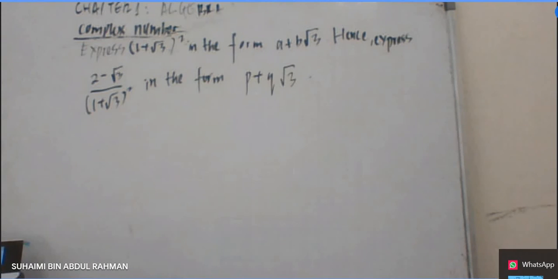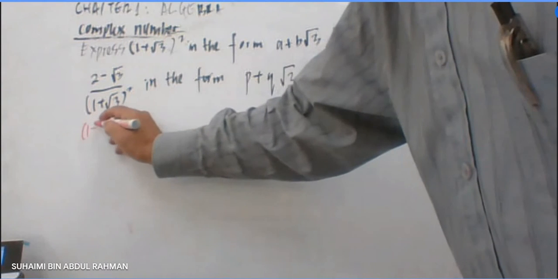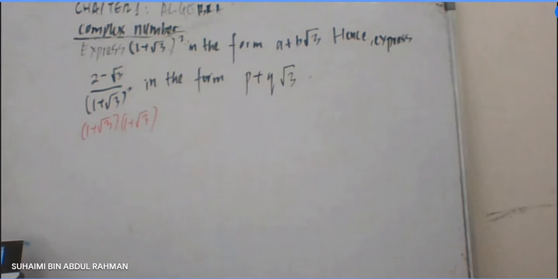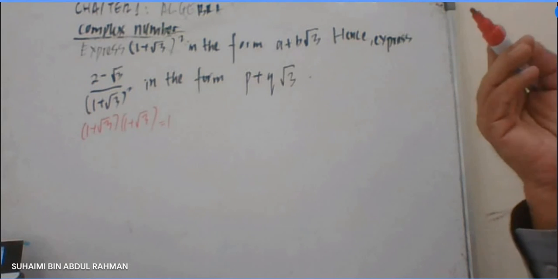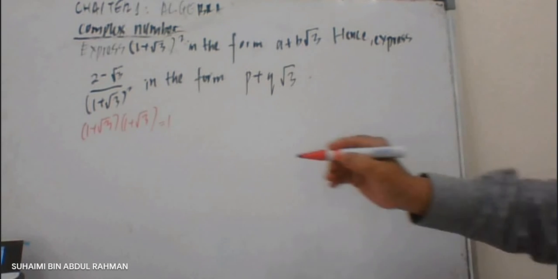First, we calculate 1 plus square root of 3 squared, which is 1 plus square root of 3 multiplied by 1 plus square root of 3. Now we multiply by itself.